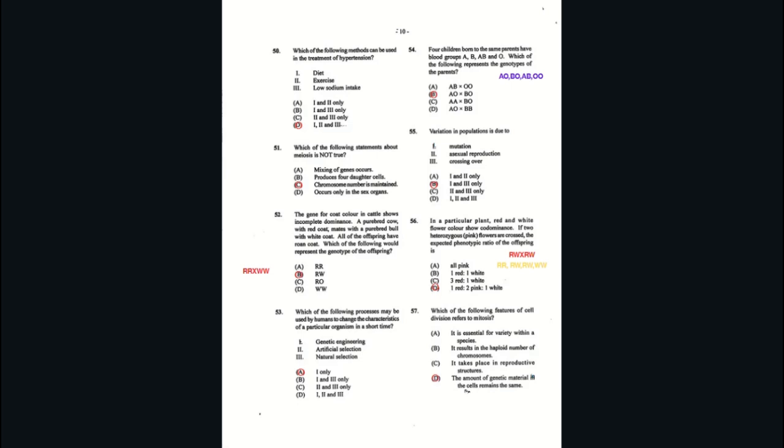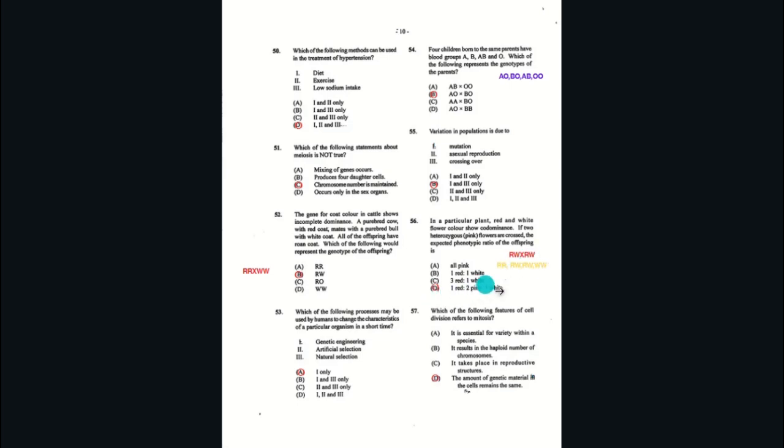Number 56. In a particular plant, red and white flower color shows codominance, and codominance means that both are expressed, right? So if two heterozygous pink flowers are crossed, the expected phenotype ratio of the offspring is, we're going to express D, 1 red, 2 pink, 1 white. Heterozygous means that the alleles are different.